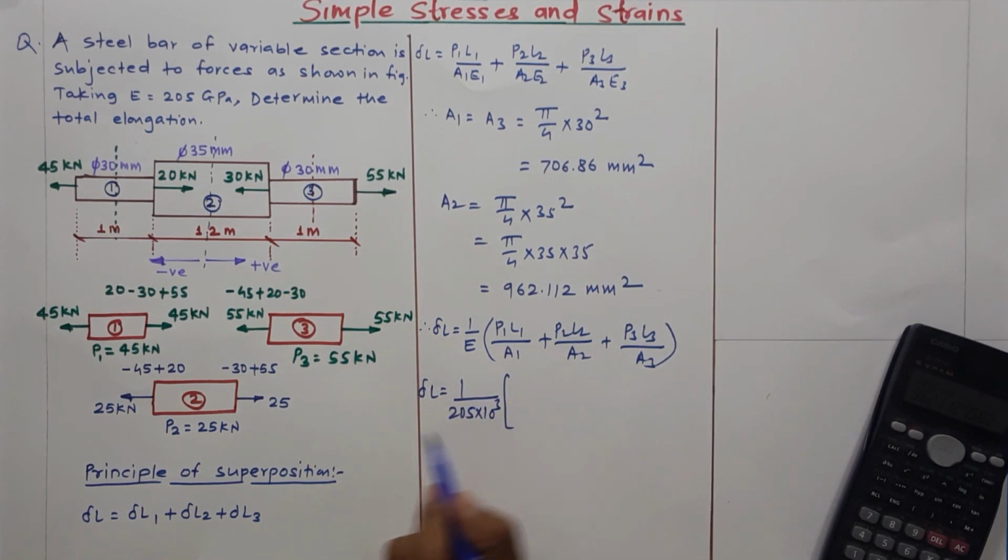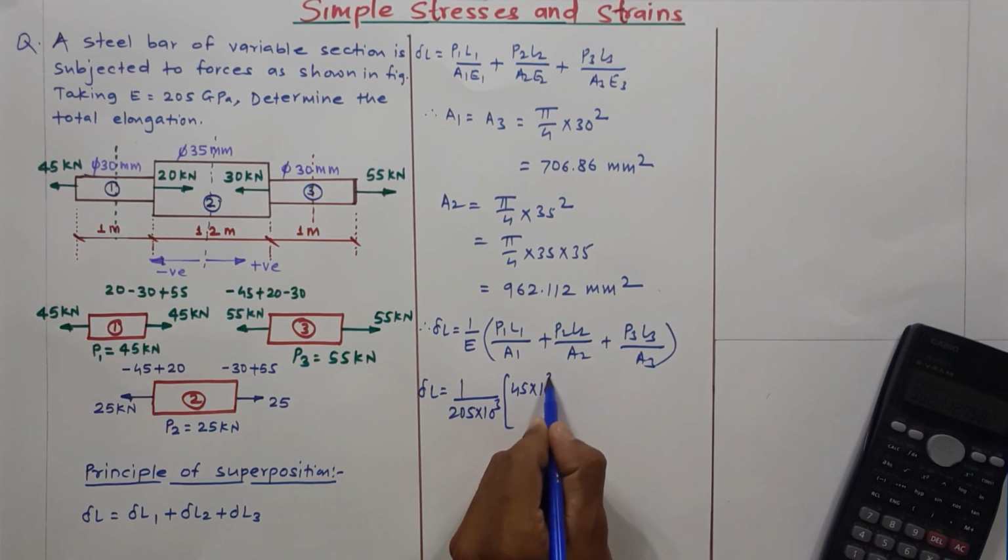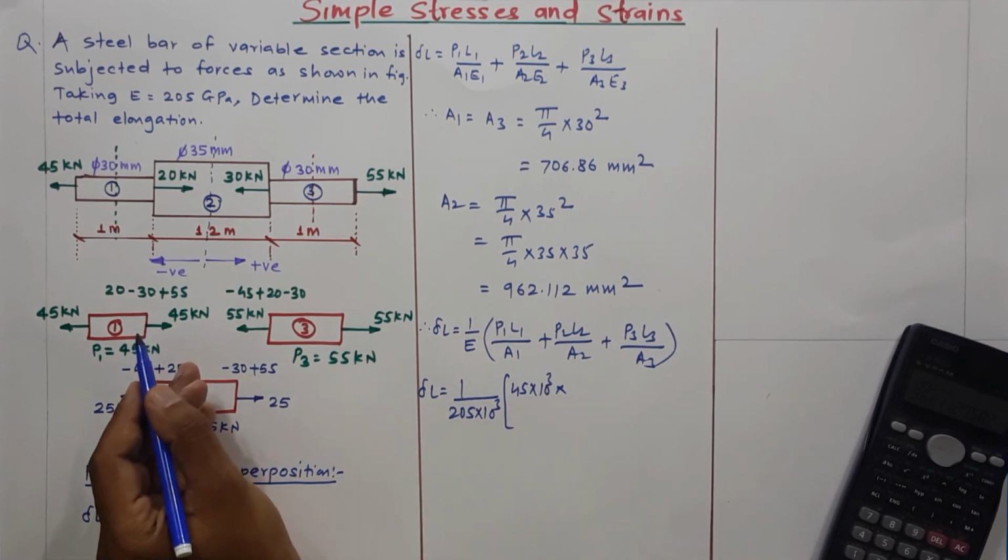What is P1? P1 is 45 kilonewton, that is 45 into 10 raised to 3 into L1.